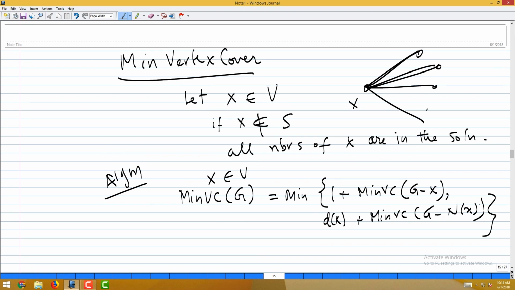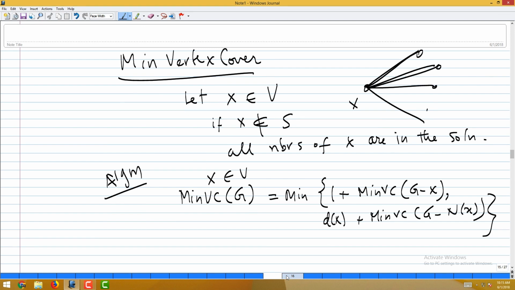Now, if I implement this as a branching algorithm, let us see how it will happen. It is a recursive algorithm, you can write it the way we wrote it for SAT. Pick any x, delete it, and recursively find the minimum vertex cover in g minus x, which gives you some number.